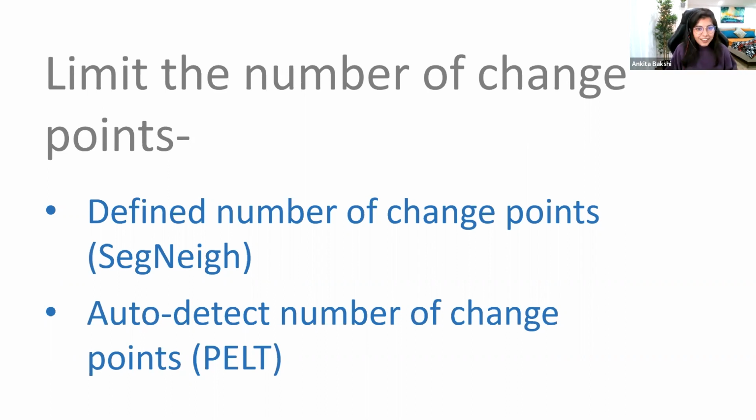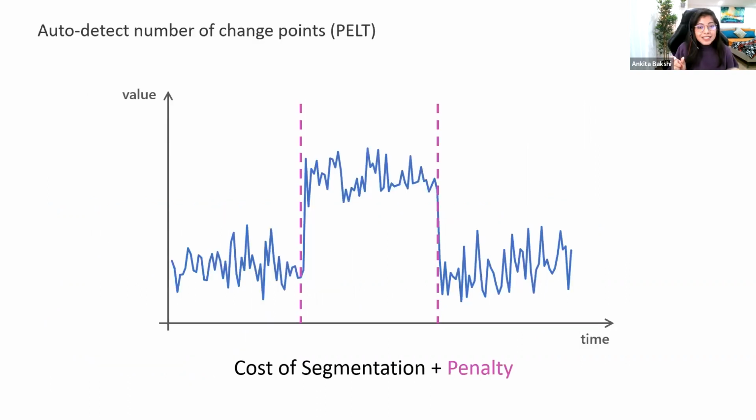In auto detect, what happens is we add a penalty every time the tool adds another change point. Let's say it added another change point, we add a penalty value to the cost of segmentation. So basically now it's math: is the cost of the penalty more than the lowering cost of the segmentation?